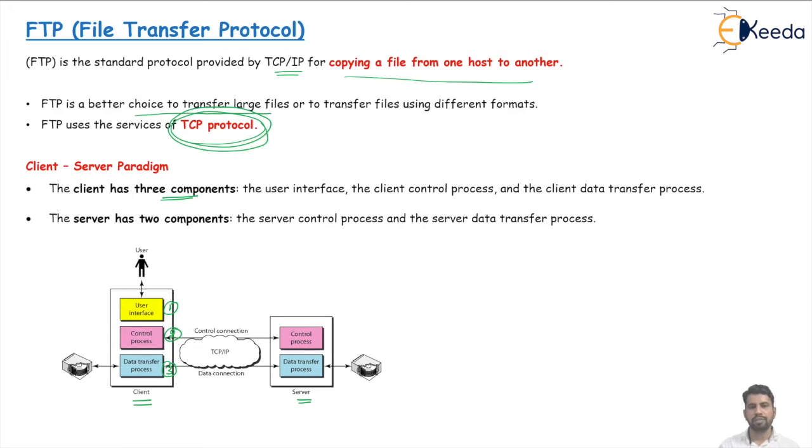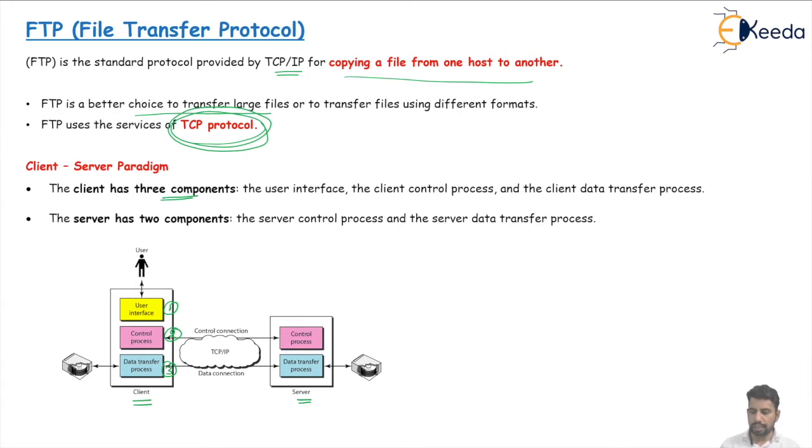These three have different roles. User interface means how the client will see a user file on the disk, how the application will display the particular file to you. Second is the control process. For transferring the data we need to control the connection, that's why we have a separate connection control process.